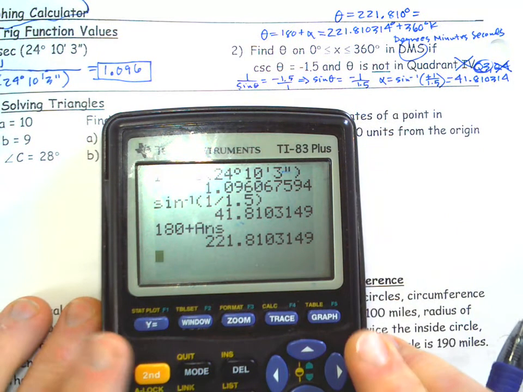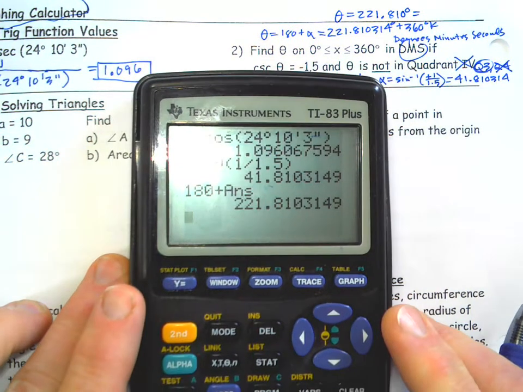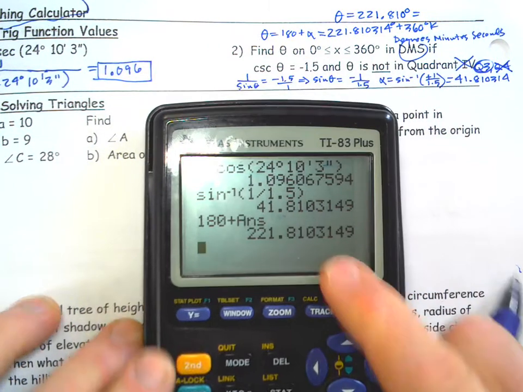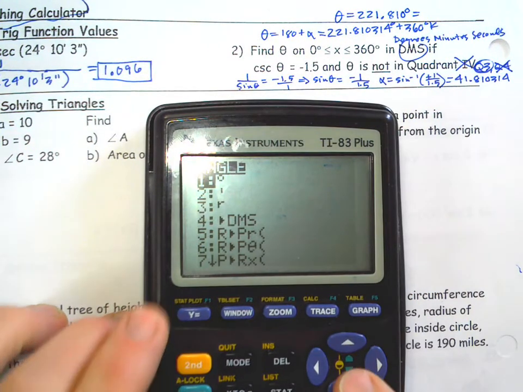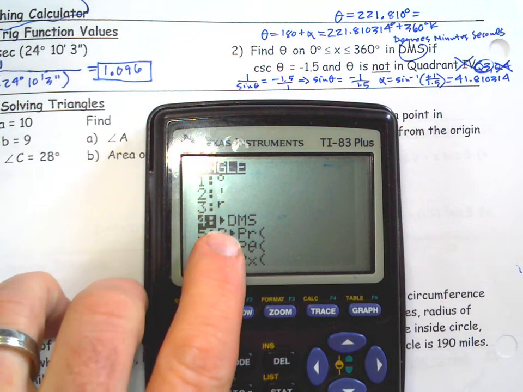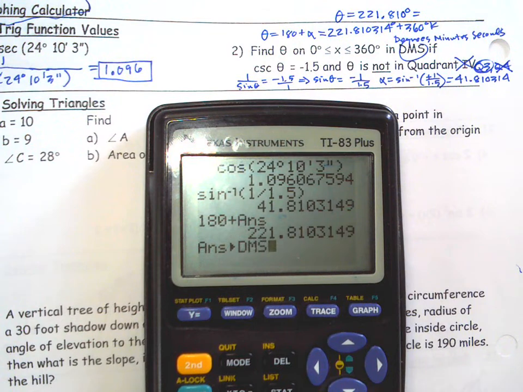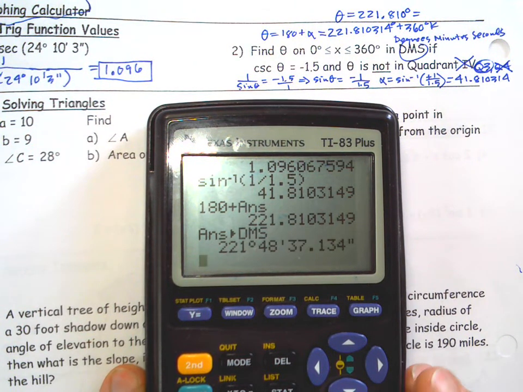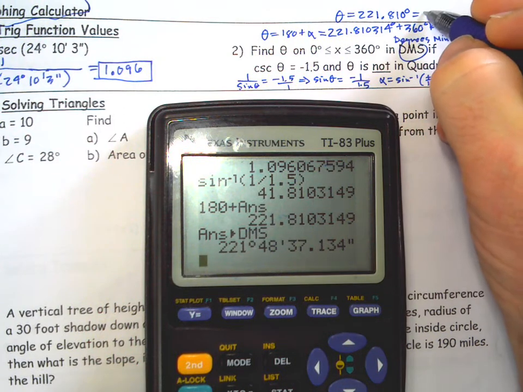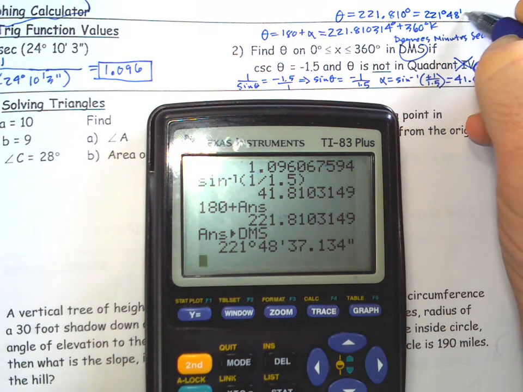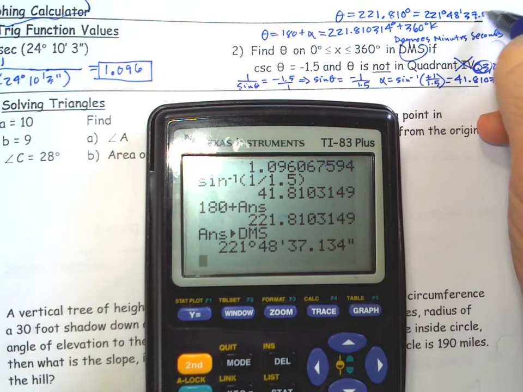But here's the problem. You're asked to give it in degrees, minutes, seconds. So this is easy though. There's your answer right there, right? Go to the angle menu, go to option number 4, arrow DMS. That means change our current answer to degrees, minutes, seconds. It says, okay, you want to change the answer to degrees, minutes, seconds? Press enter. There it is. 221 degrees, 48 minutes, 37.134 seconds.